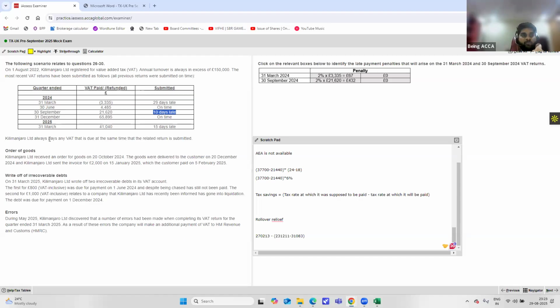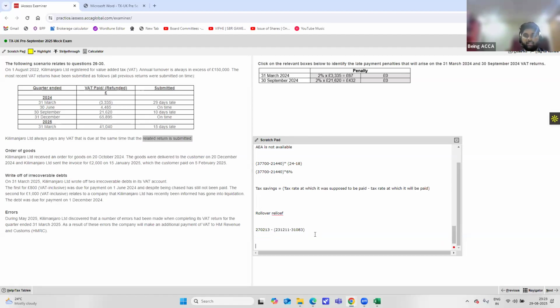Here they are saying you must always pay any VAT that is due at the same time that the related return is submitted. So here there are two things that you should remember. One is filing, you will be getting your penalty points, 1, 2, 3 and 4, and after that a penalty arises for late filing. But for late payment, you will have a penalty that will arise. And for that, the values are, if it is less than 15 days, it is always 0.